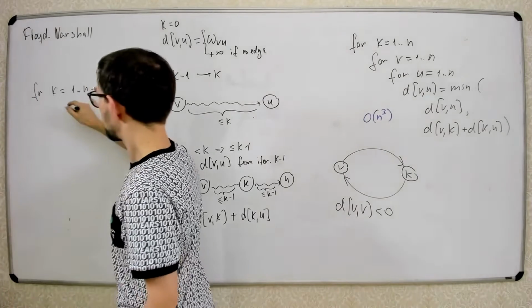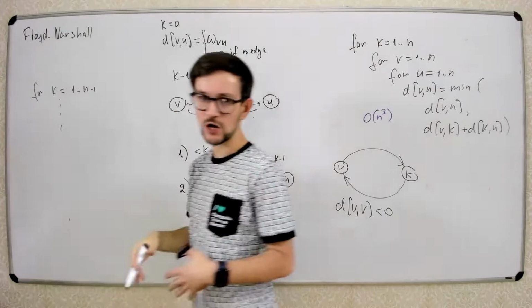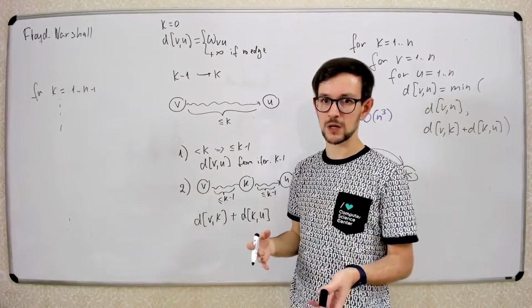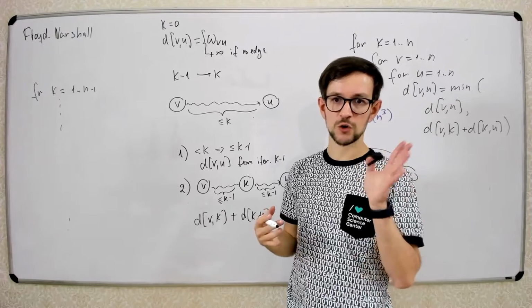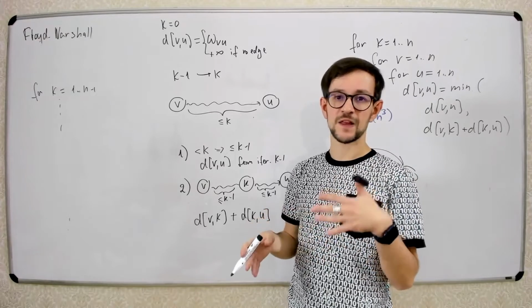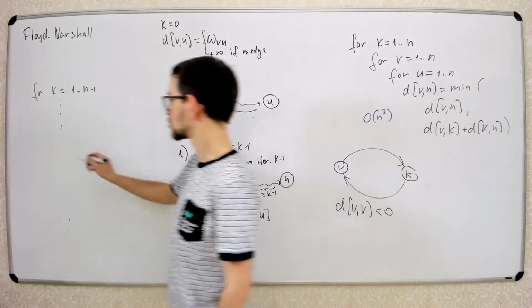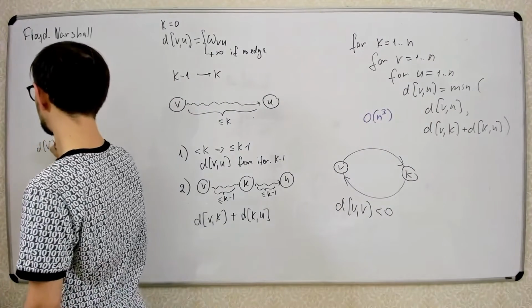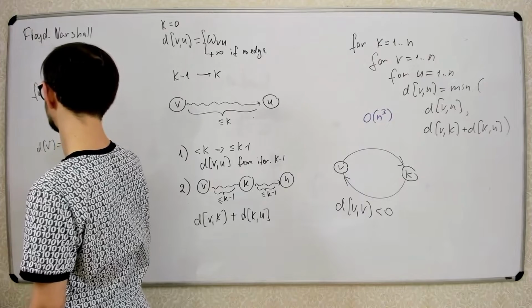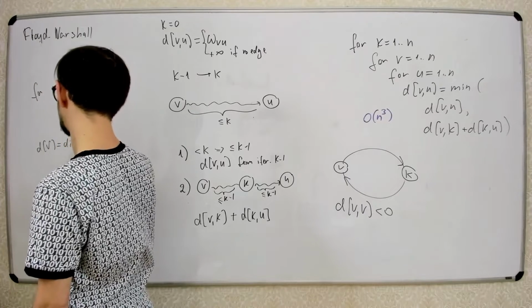You make n minus 1 iterations of Bellman-Ford, and we just proved that if you don't have any negative cycle, then after these n minus 1 iterations you will calculate the correct distances. So now you claim that dv is the distance from S to V.